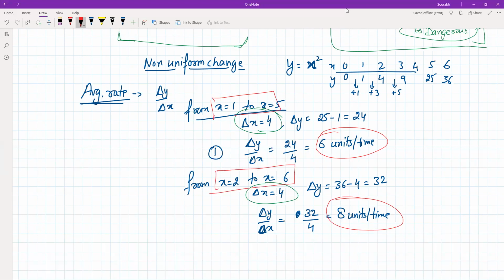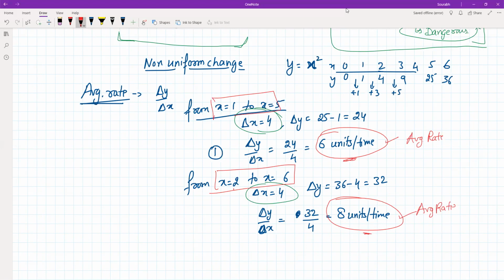So in the interval from x equals 1 to 5, the rate of change was 6. In the interval from x equals 2 to 6, the rate of change was 8. These are actually average rates, and they are not the same. As we have said, that's why it is a non-uniform change. So the rate of change is not fixed. Here it is 6, here it is 8.